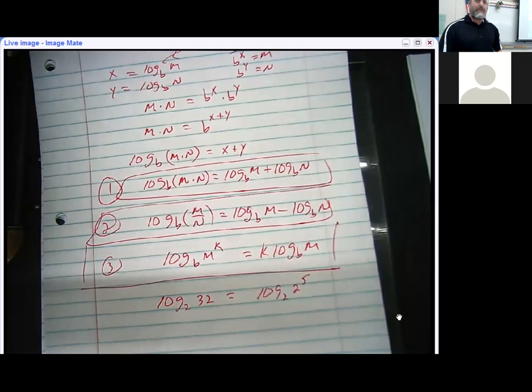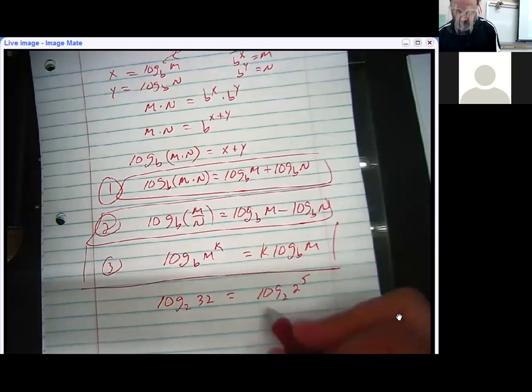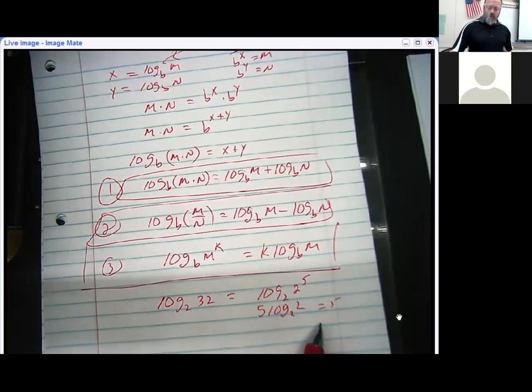Isn't 32 2 to the 5th? What can I do to the 5 according to this rule right here? Can I pop it to the front? And, oh, the log base 2 of 2 is 1, so this answer is 5. You could have seen it here, but you could see it here fairly quickly.